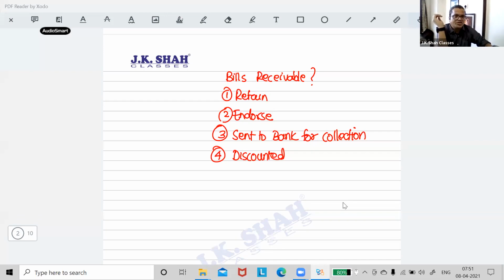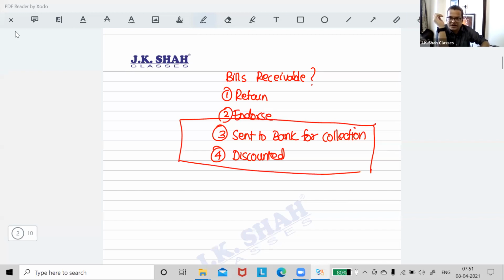Now, out of these four, I am focusing on these two. Factoring is basically around this thing. You know what happens in send to bank for collection? You just pass on the bill to the bank for collection. Does the bank pay you in advance? No, nothing like that. Bank collects on due date and gives us the money.